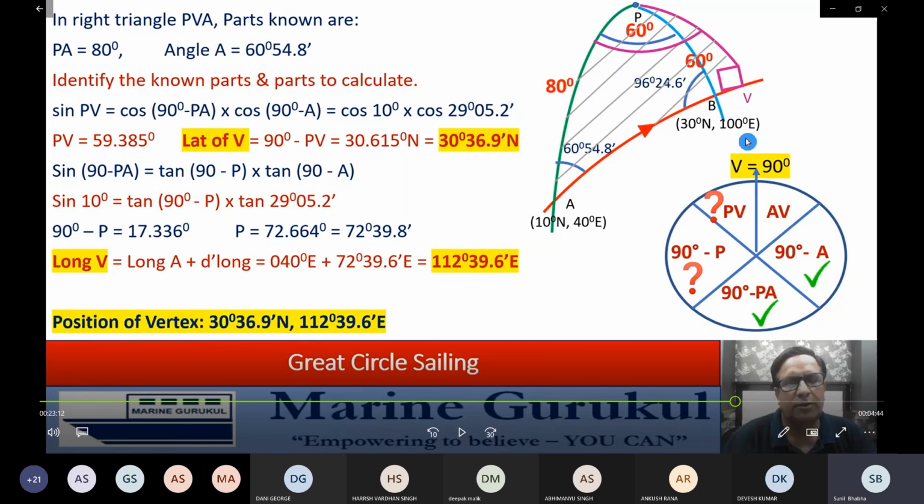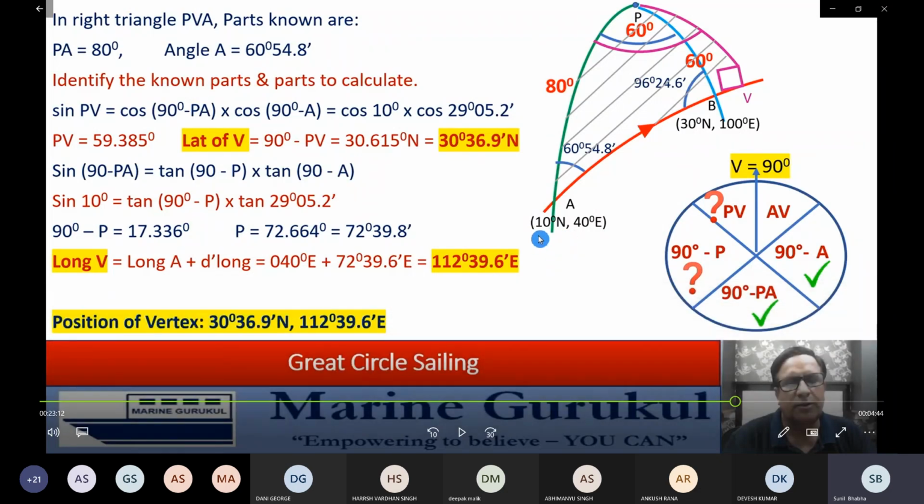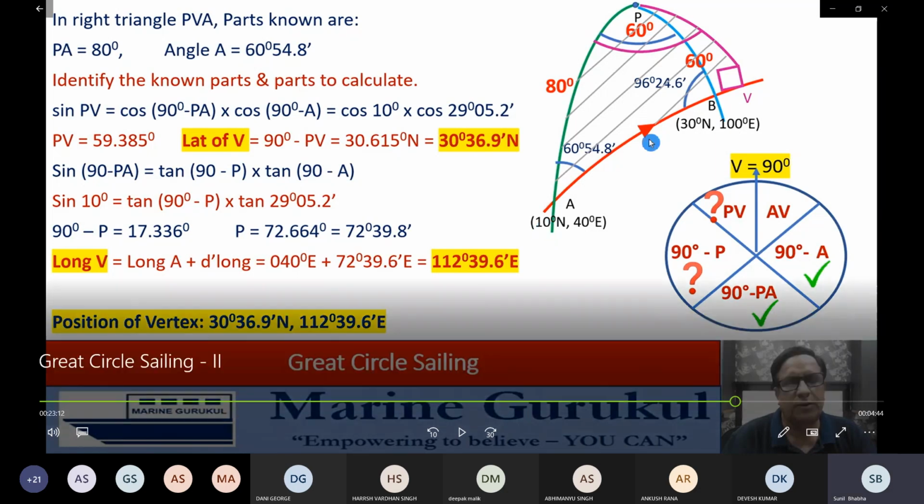Now the second method with which they can ask you this intermediate position is, instead of longitude, they give you a particular latitude or D-lat. So let us say they want you to calculate the intermediate positions at every 5 degrees of D-lat.